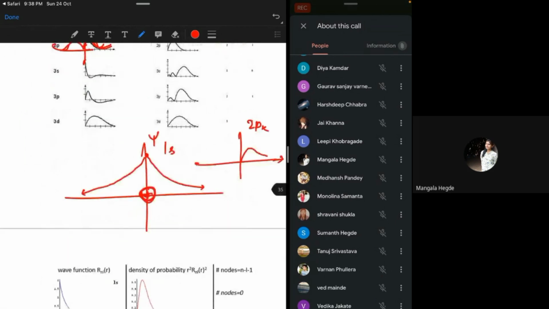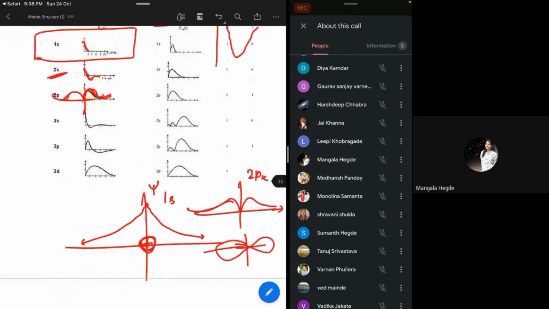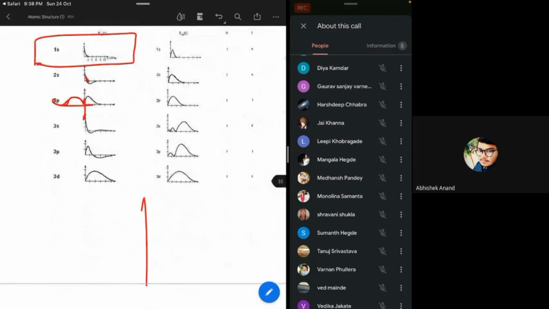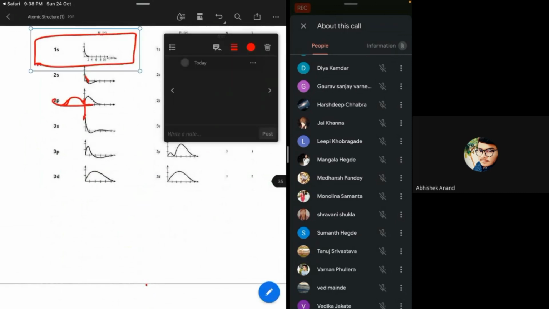You get something here and something here. That's how we get the shape of 2px. Did you guys get this part? Now there is nothing extra. All you need to know is how to plot the graph.